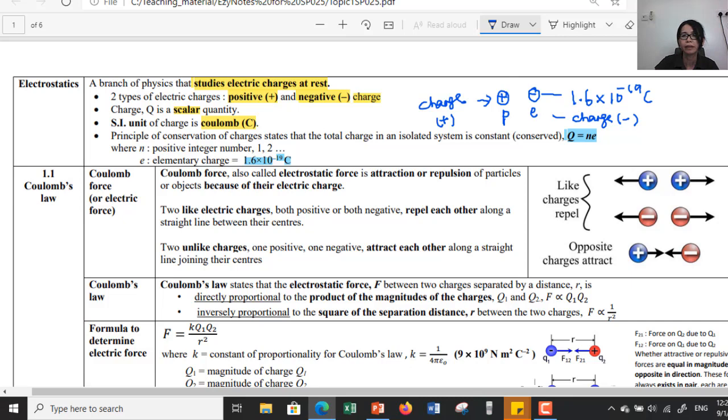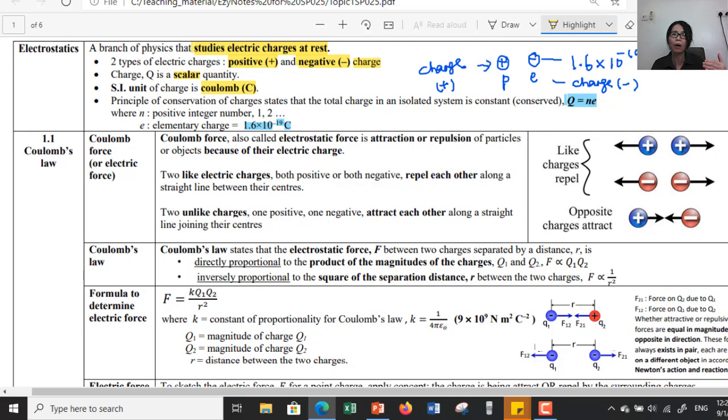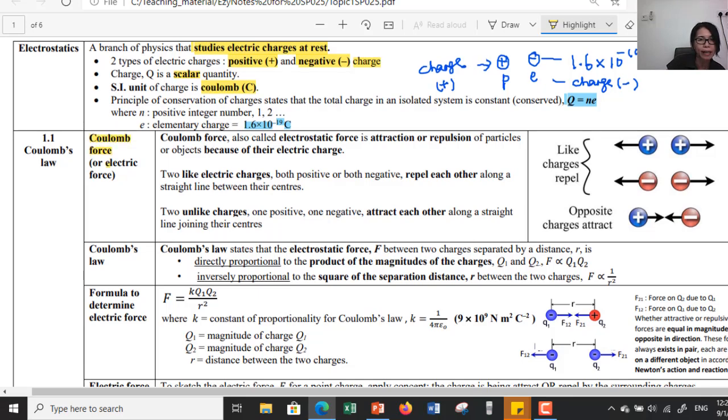Okay. We move on to our main focus for today's video, 1.1 Coulomb's law. In between charges, there is a force. A force exists between charges that we call Coulomb force or electric force.